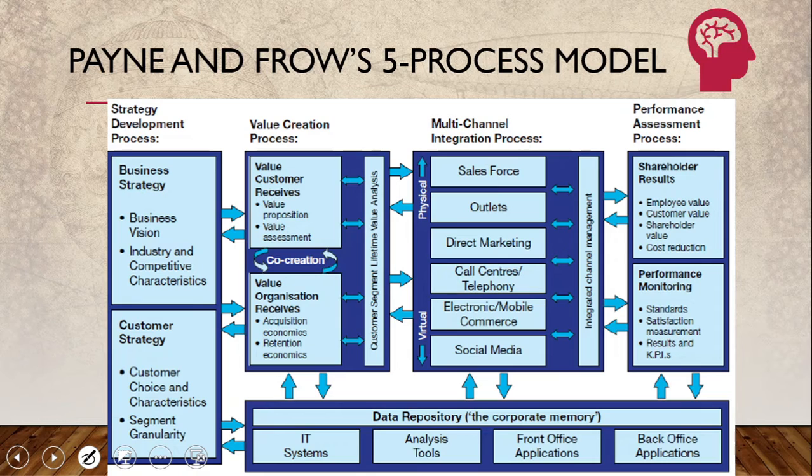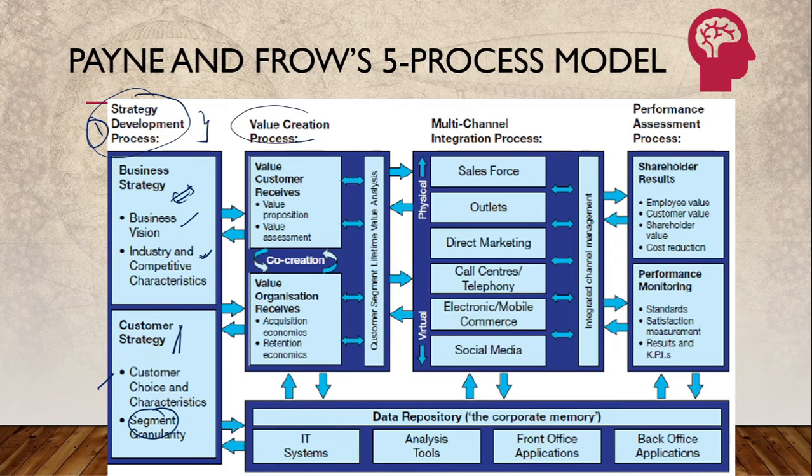So if you see the chart of this Payne and Frow's model, the first one is the strategy development process. Here it discusses that you need to frame the business vision and which industry you are in, and you have to define competitive characteristics, and then related to the customer strategy, you need to decide on the customer choice, and the segment, which segment you are targeting. So this is a part of the strategy development process.